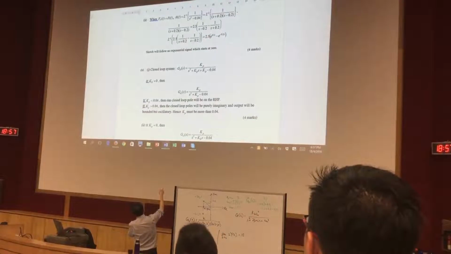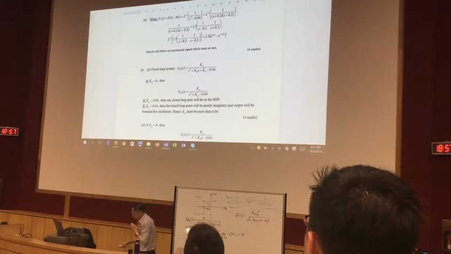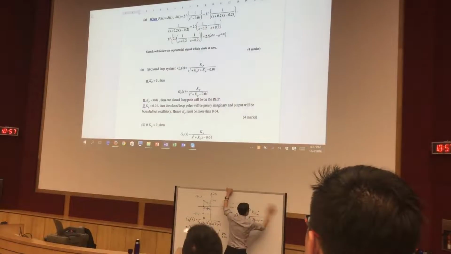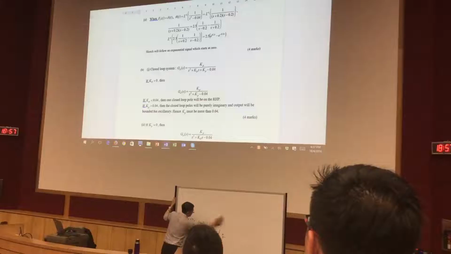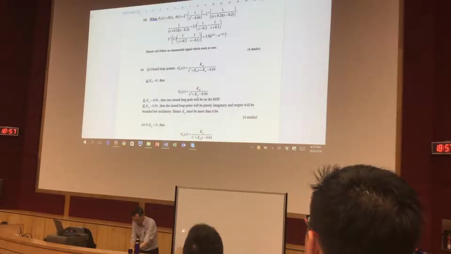When t tends towards infinity, this is infinity. So if you sketch it, which is not drawn there, when you draw it, it will look something like that.